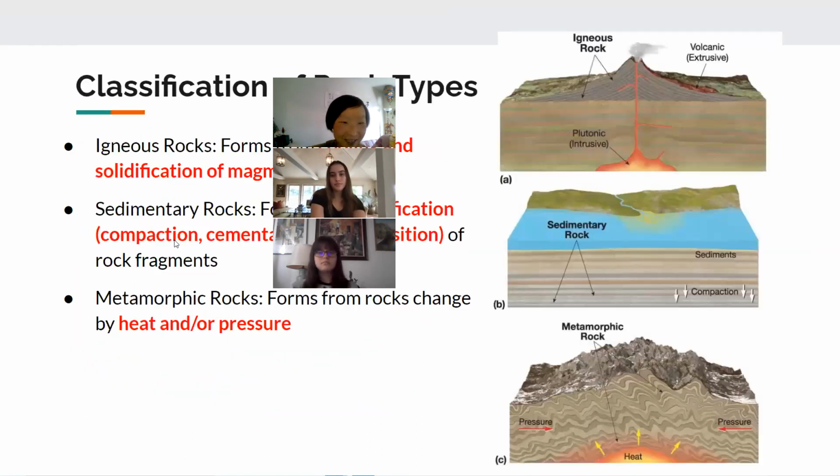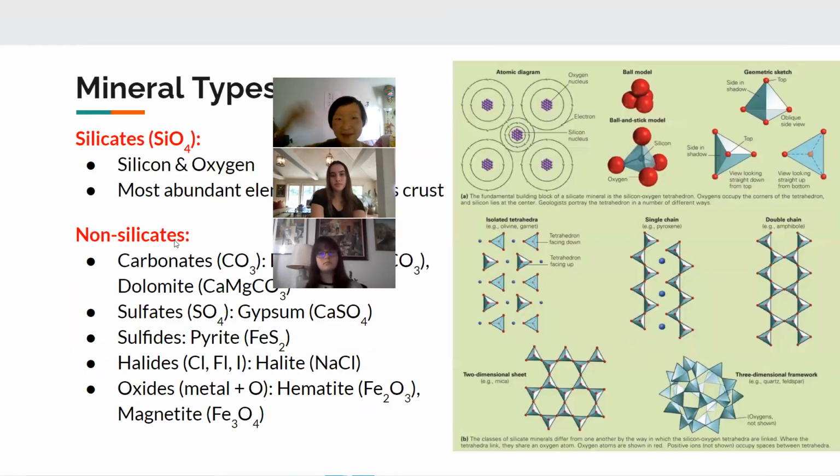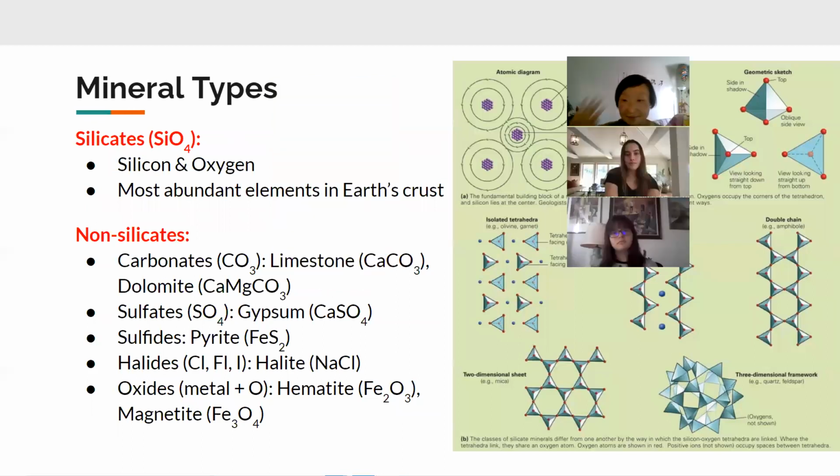All right. Then you have your two big families, silicates and non-silicates. Oh well, this is not your geology class. Your Professor Collins or Professor Malanis will ask you to memorize all these subfamilies. But in our class, you just need to know we have silicates, we have non-silicates, and what the difference is.